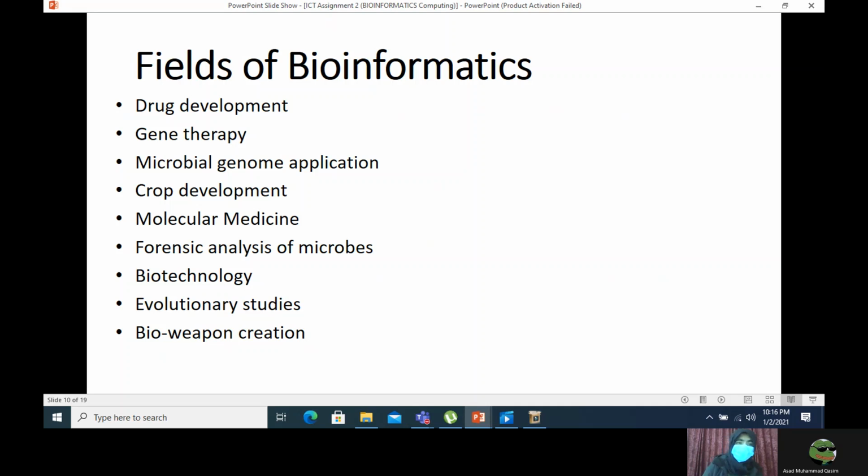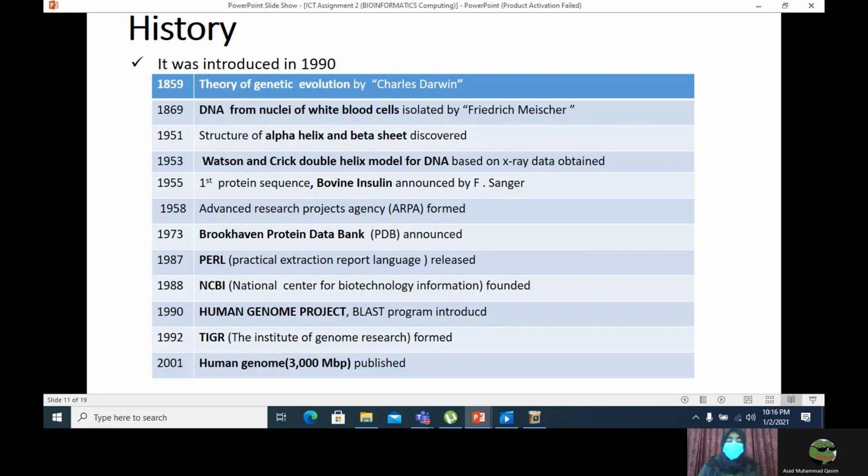Now we can go through the brief history of bioinformatics. It was all there in the past, but for the first time as a subject, it was introduced in 1990. In 1859, Charles Darwin gave the theory of genetic evolution. In 1869, DNA from nuclei of white blood cells was isolated for the first time. In 1951, alpha helix and beta sheet were discovered.